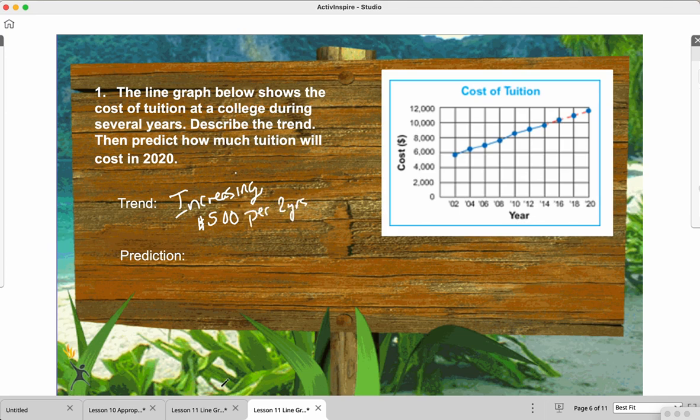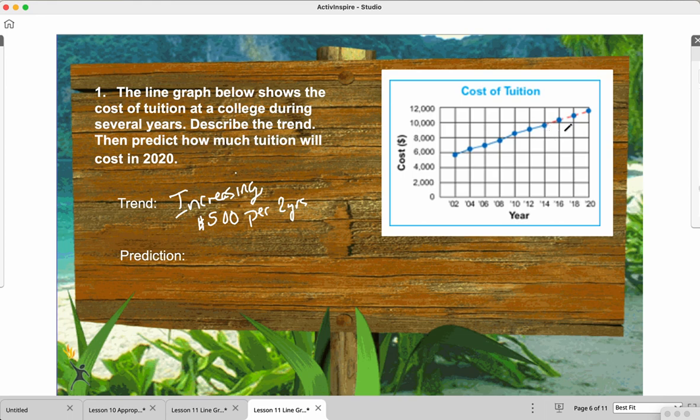Now, you can use that information to then make a prediction. Now that you know there's a general trend, you can say, if this trend continues, I can predict the tuition cost. And you can see it's kind of already marked for you on the graph. And you can say, well, if it continues on that same basic line of $500 for every 2 years, my last data is 2014.